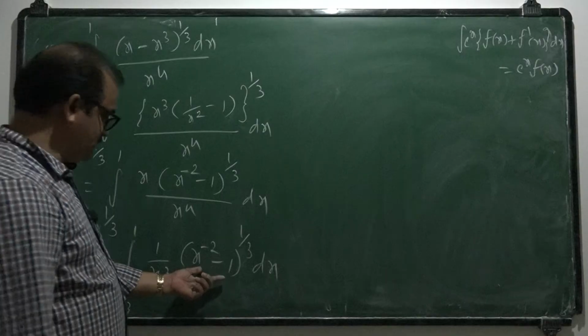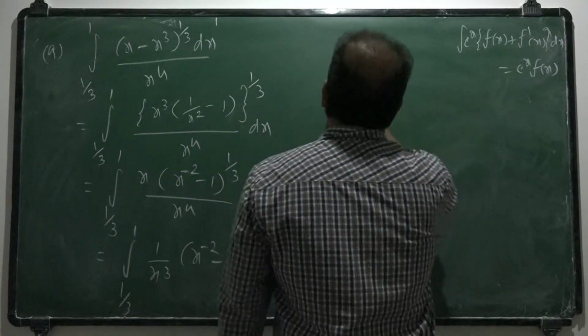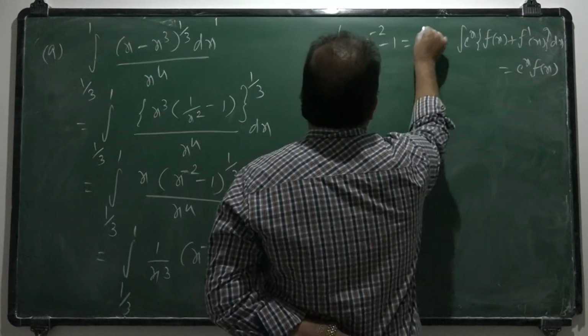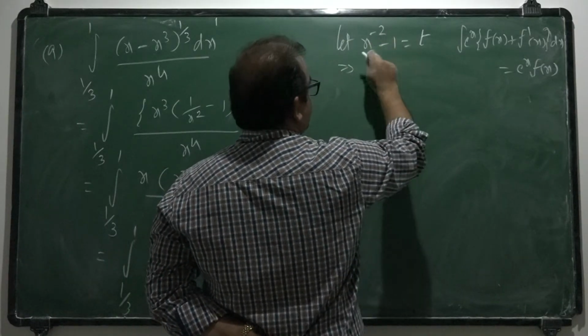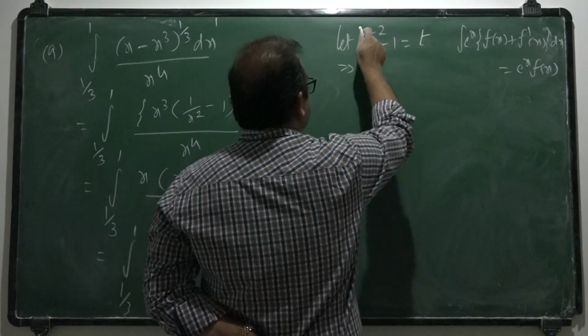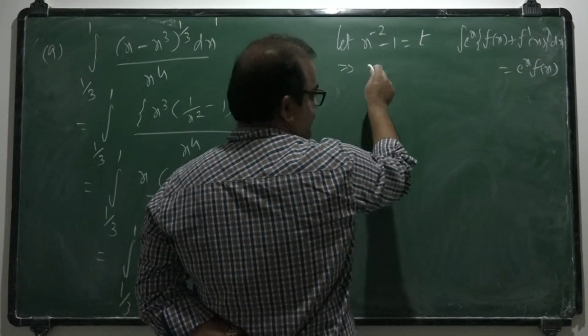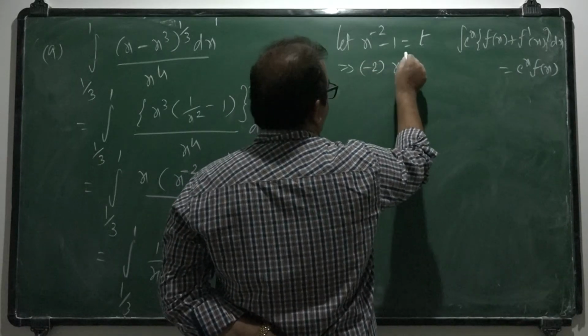Now take this x power minus 2 minus 1 is equal to t. Let x power minus 2 minus 1 is equal to t. Taking derivative on both sides, it is in the form of x power n, d by dx of x power n is n into x to the power of n minus 1.